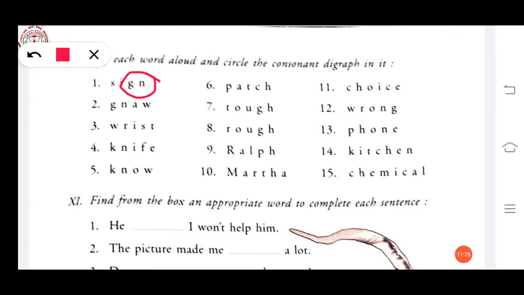No. Okay, no. Wrist, WR. Knife, KN. Patch, CH. Tough, GH. Rough, GH.